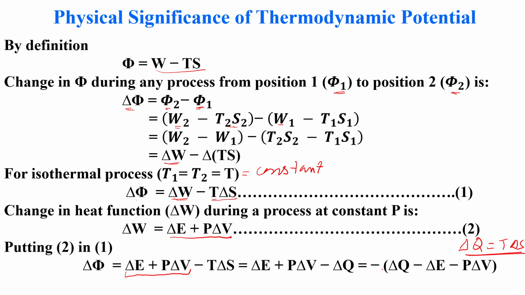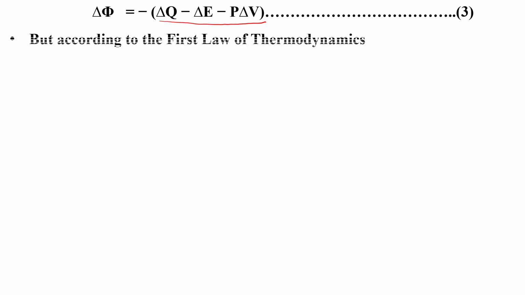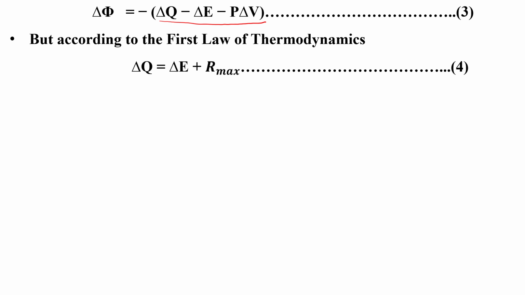So on rearranging, by keeping the minus sign common, this becomes minus bracket del Q minus del E minus P del V. So del phi becomes equal to minus of all these thermodynamic quantities. But according to the first law of thermodynamics, del Q is equal to del E plus R max.